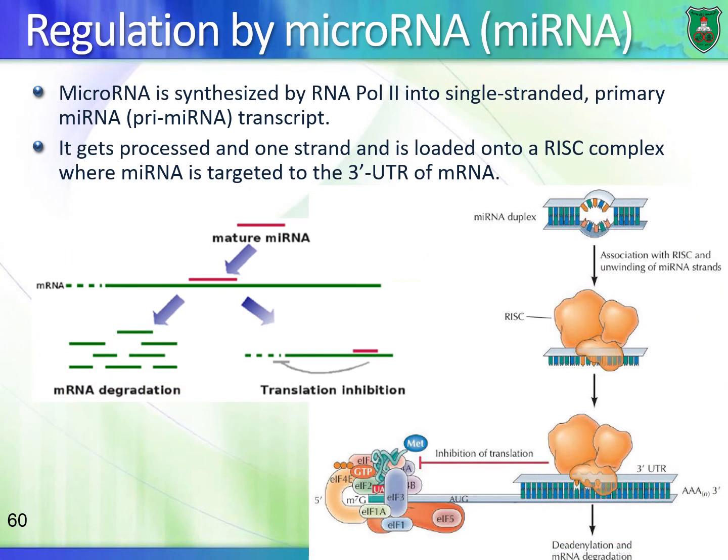Now, another level of regulation is by microRNA molecules. Without going into details, they can bind, being complementary to part of the messenger RNA. This binding of the microRNA to messenger RNA would lead to mRNA degradation or block of translation.